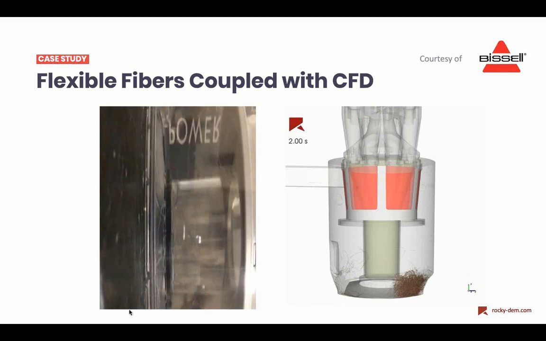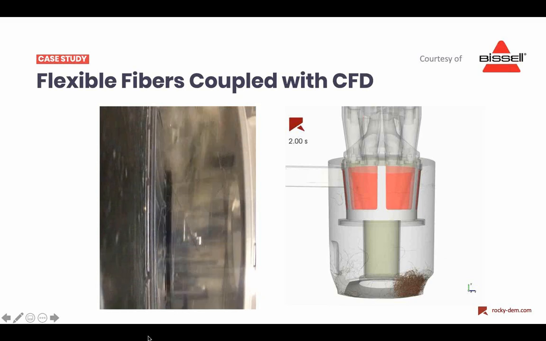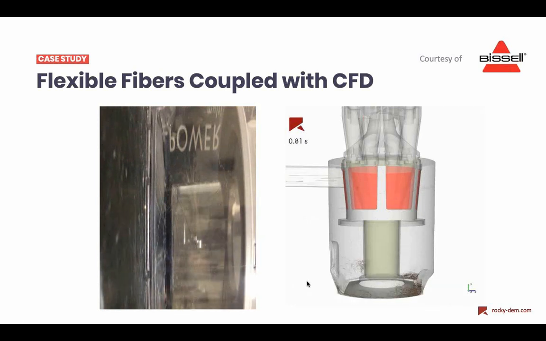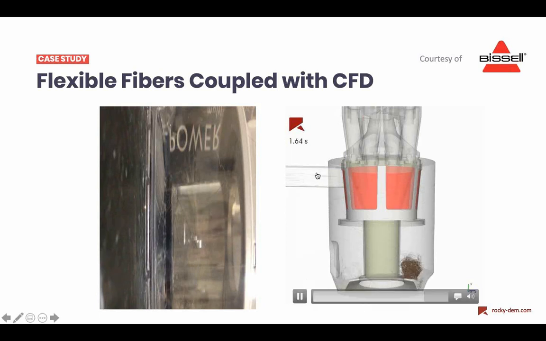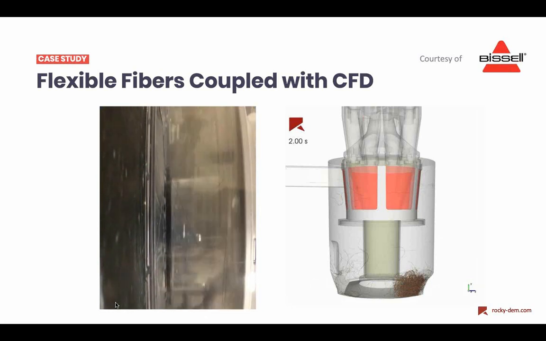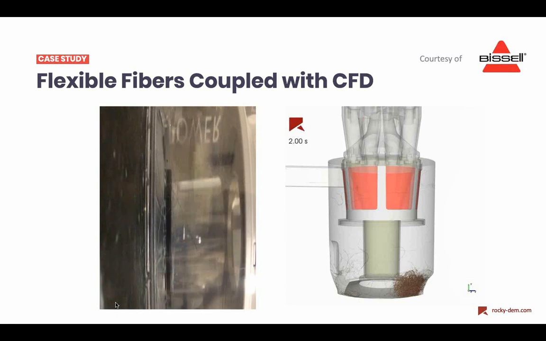So you can see on the left side the experiment that they did to mimic the agglomeration of the air and of the pet hair, and you can see the same phenomena happening here when you have air and pet hair coming from the left of this cyclone, and the result, the amount of pet hair that is being agglomerated and concentrated in the bottom part of the cyclone.